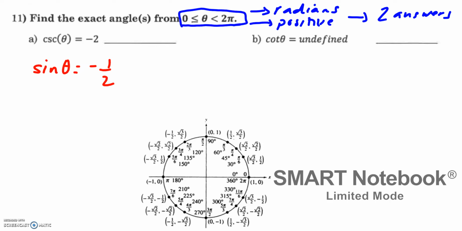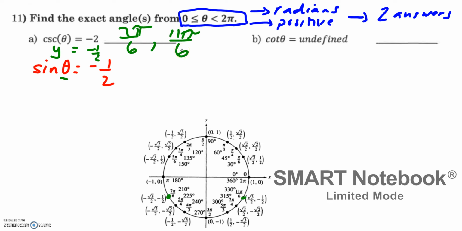So now we're asking, at what angles are the y values equal to -1/2? If I go around the unit circle, sine is -1/2 here, and it's also -1/2 here. So my two answers would be 7 pi over 6 in radians and 11 pi over 6 in radians.